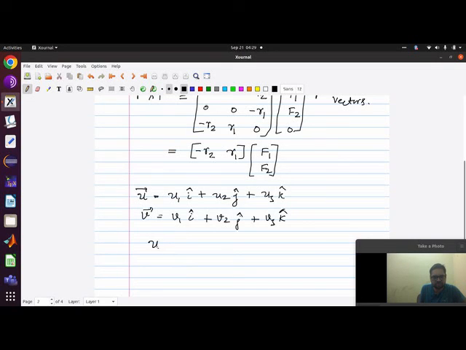Dot product is simply, we are writing this as u1, u2, u3, we are writing this as v1, v2, v3. So u transpose v will give you the dot product.